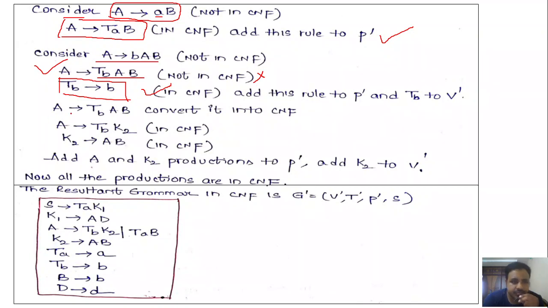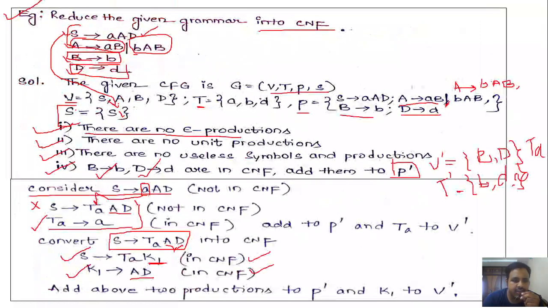Next one. Now this form A denotes TB, capital A, capital B is not in CNF. So we have to convert it into CNF. Apply rule 6. Write it down as A denotes TB. Then the AB part we have to represent with another variable. Let me call it K2. Why am I using K2? Because I have already used K1, right?